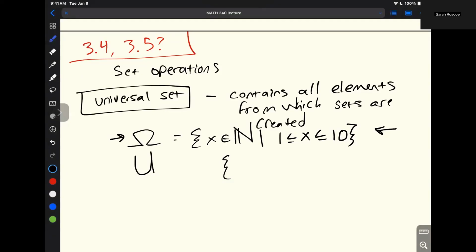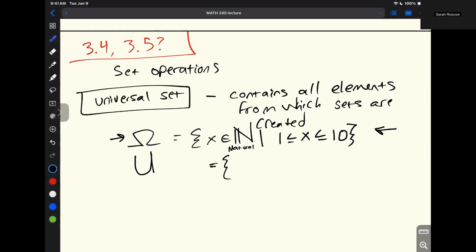Natural numbers. Yeah, so it looks complicated, but it's really not. Remember, natural numbers start at 1, 2, 3, and go on to infinity.